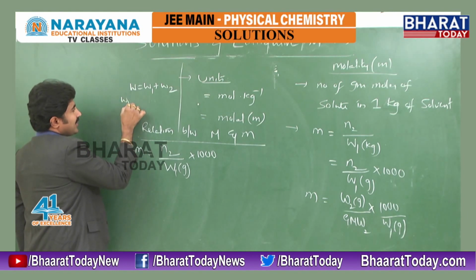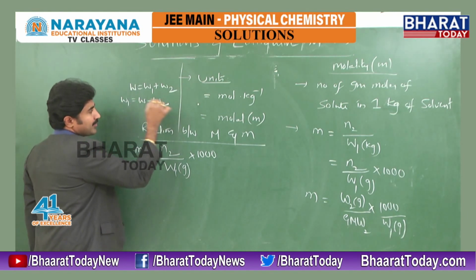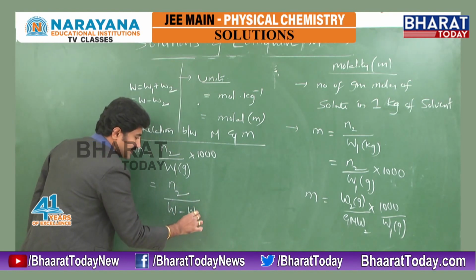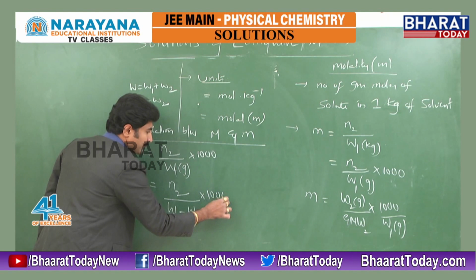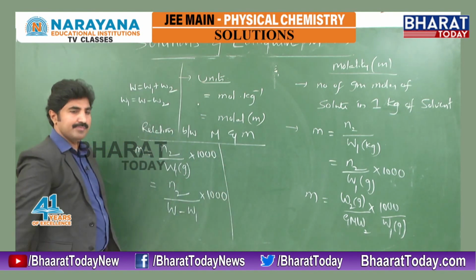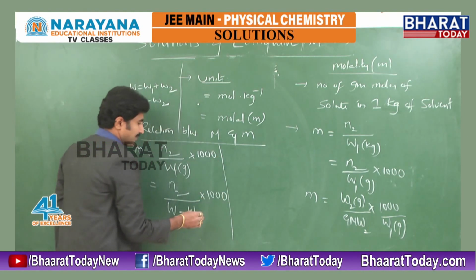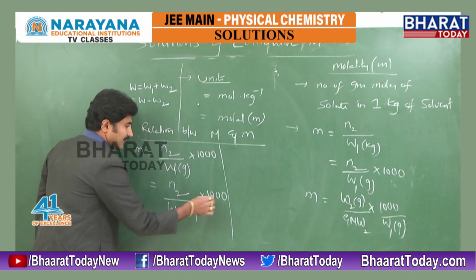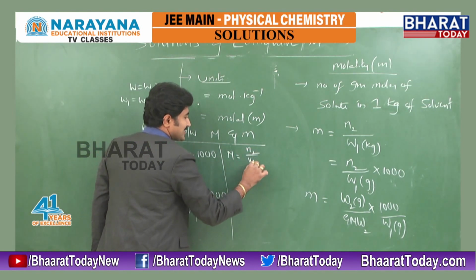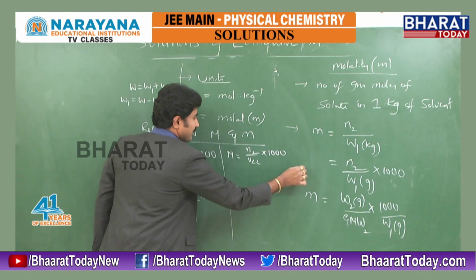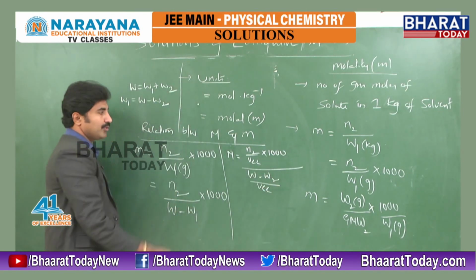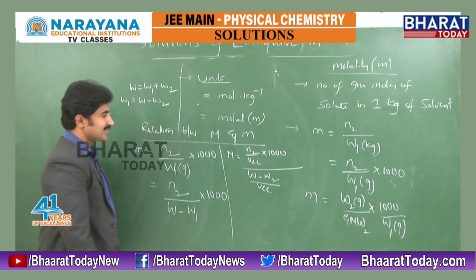From this we can write W1 is equal to W minus W2. Therefore molality is N2 by W minus W2 into 1000. Here both numerator and denominator are divided by volume in cc.